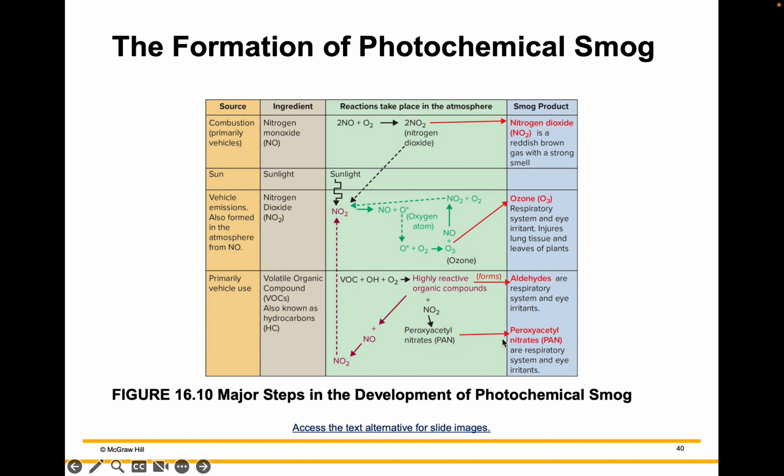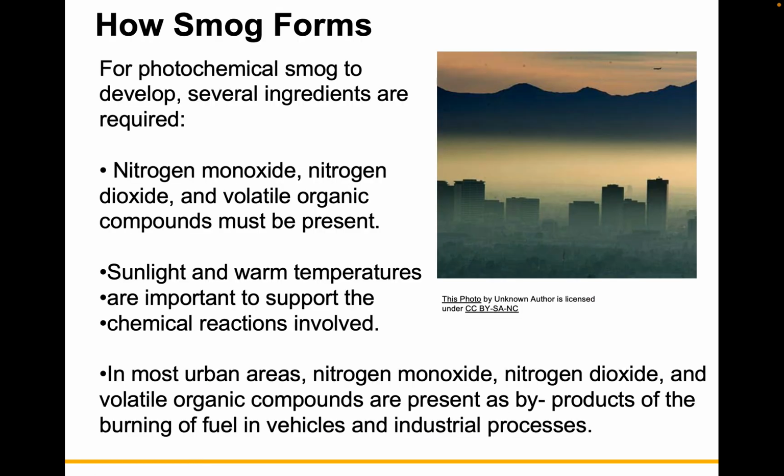So PANs are produced when the nitrogen oxides get involved, and they form peroxyacetyl nitrates, or PANs. These are respiratory system and eye irritants. The highly reactive organic compounds are called aldehydes, and they are also respiratory system and eye irritants. So you can imagine that being down in this city, breathing the smog, is a really uncomfortable, unhealthy place to be.